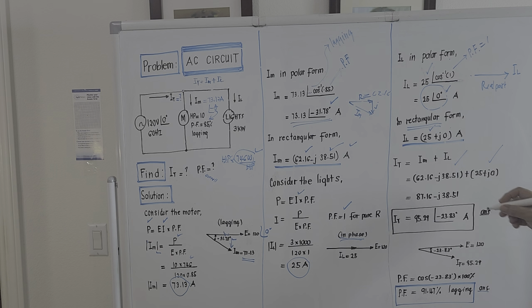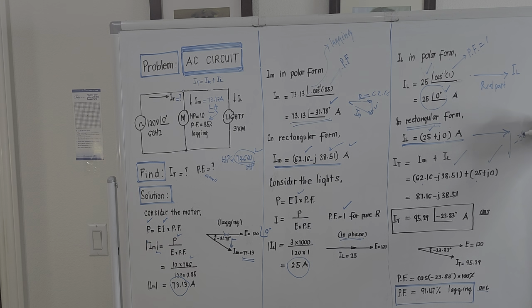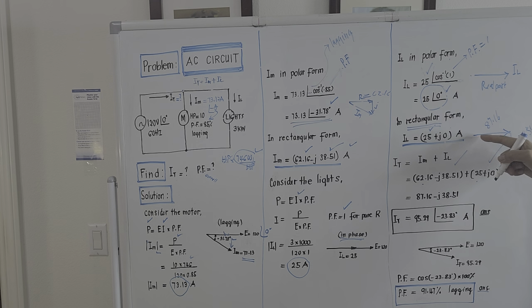The real part will be 62.16 plus 25, which is 87.16. And the imaginary part is negative j38.51 plus j0, so this is negative 38.51. The vectorial sum of the real part and the imaginary part represents the total current.